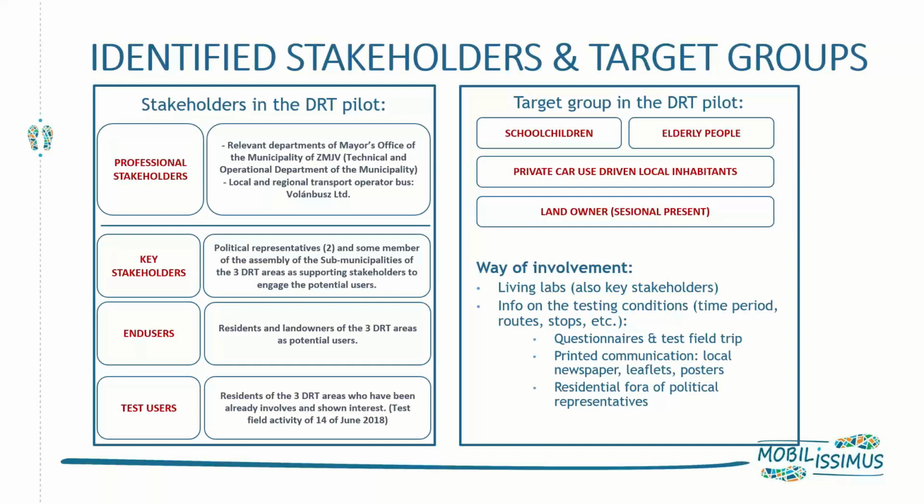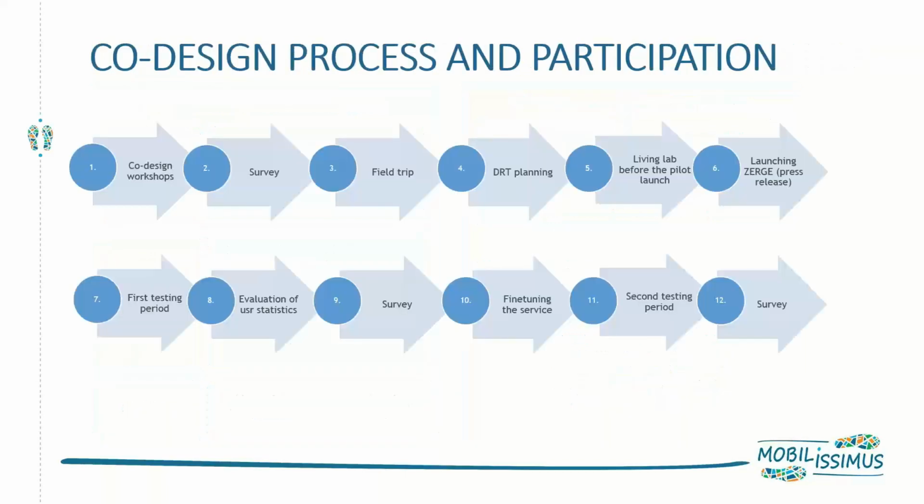As you can see, the target group is indeed represented by the users. Stakeholders identified include, of course, the transport providers and the municipality, but also and especially the local policymakers, in order to test the scalability and replicability of this concept.